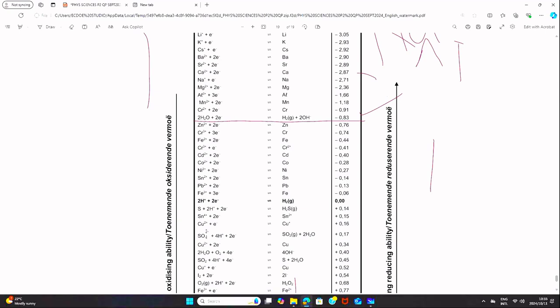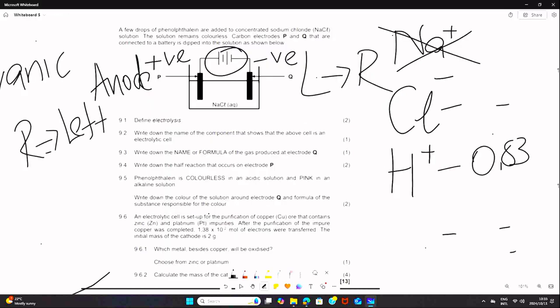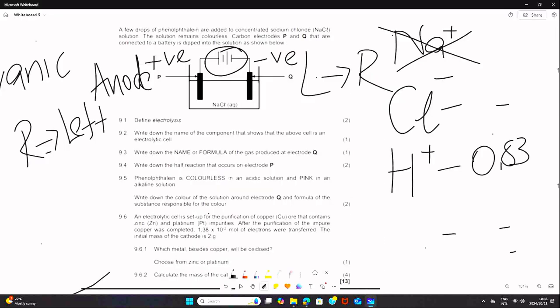So remember, at the electrode Q, this is our cathode. That now means that the gas that will be produced there should be the hydrogen gas. So this is how you answer it: hydrogen gas is the gas that is produced at the electrode Q, which is negative. That is where reduction takes place.